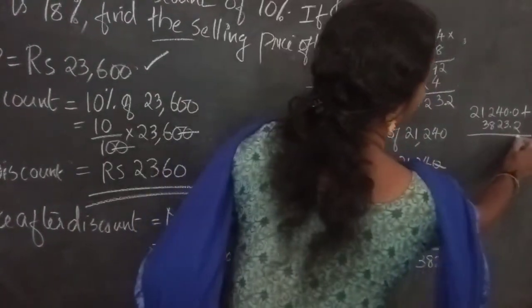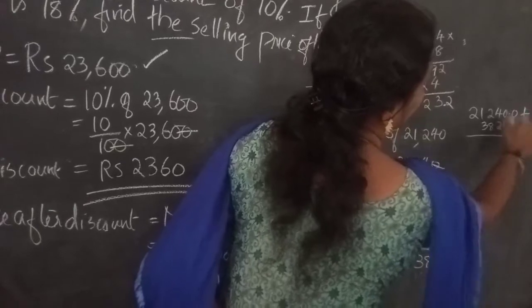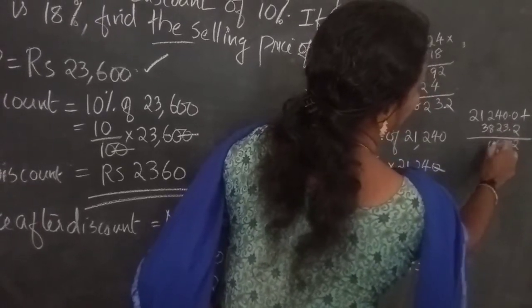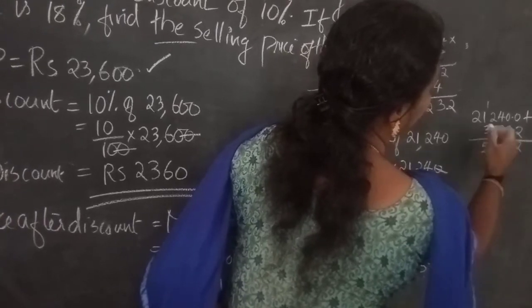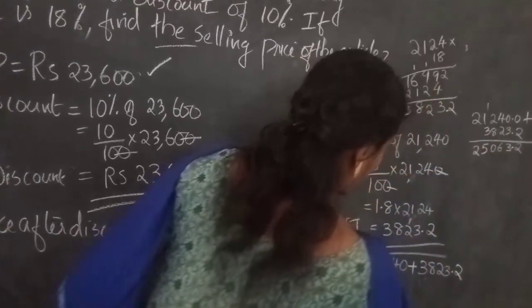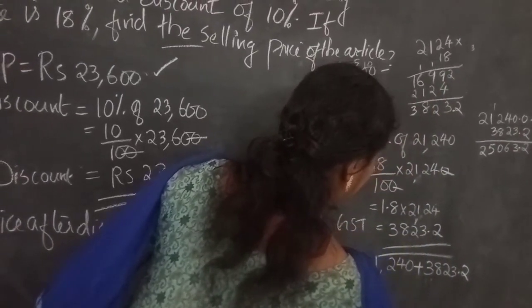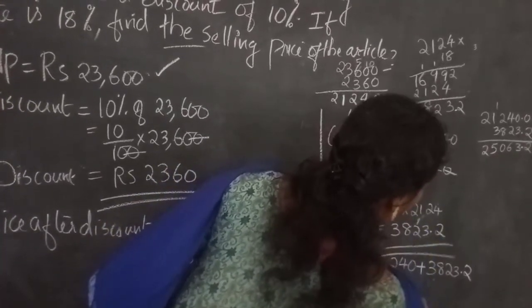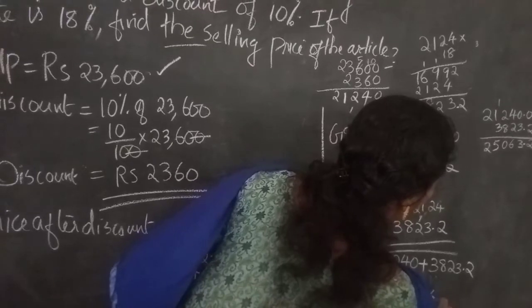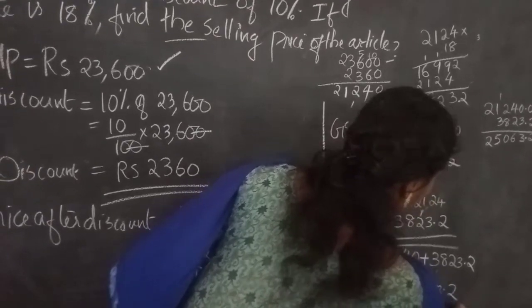Adding, 2, 10, balance 1. So SP, selling price is equal to rupees 25,063.2.